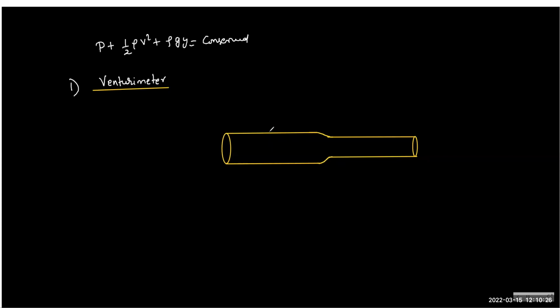You can see we have a tube here. In both cross sections, the big and the small one, we attach a capillary.